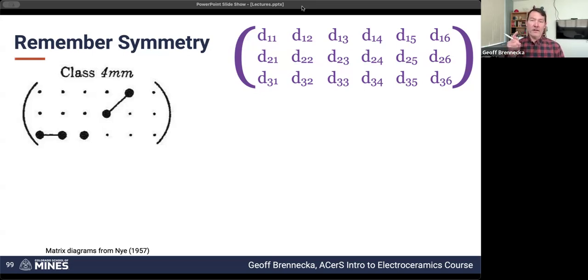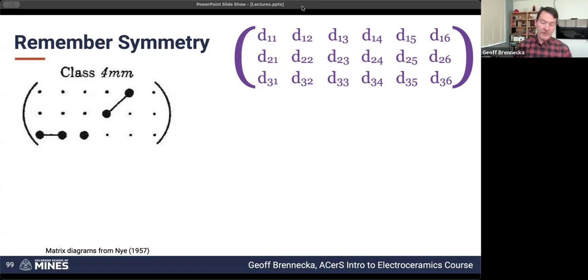If we rotate the unit cell 90 degrees and it's identical, that means that if we take the D coefficient and turn the matrix 90 degrees, that value has to be identical. And so when we do that multiple times, we end up with a whole bunch of these that just completely cancel out. Because of the symmetry of the unit cell, many of these will end up being 0, and others will be identical to each other.